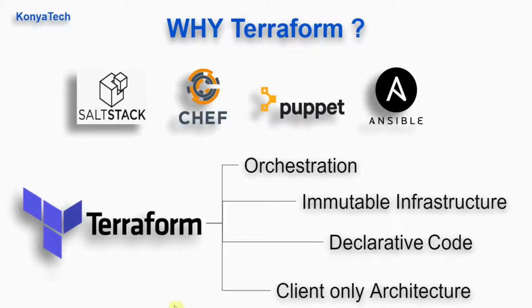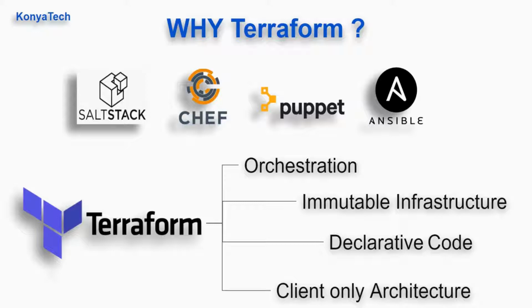The first difference is that it does orchestration, not just configuration management. It supports multiple providers such as AWS, Azure, Oracle, and Google Cloud Platform, and many more. It also provides immutable infrastructure where configuration changes smoothly. And the third one is declarative code.